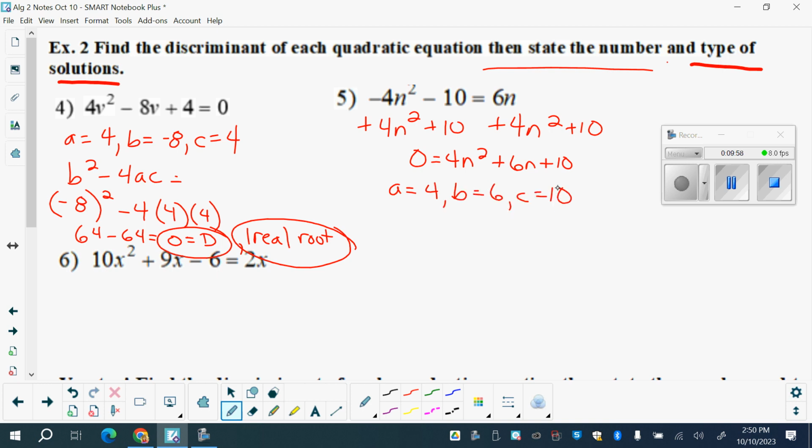So now we're going to find our B squared minus 4AC. 6 squared minus 4 times 4 times 10.